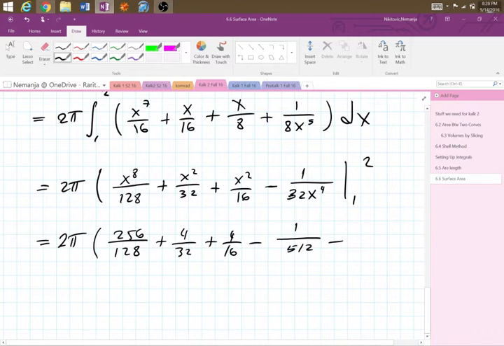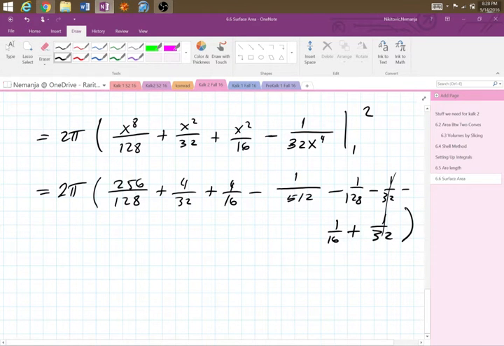Minus, plug in 1 for each, so 1 over 128 minus 1 over 32 plus minus 1 over 16, and then finally plus 1 over 32.